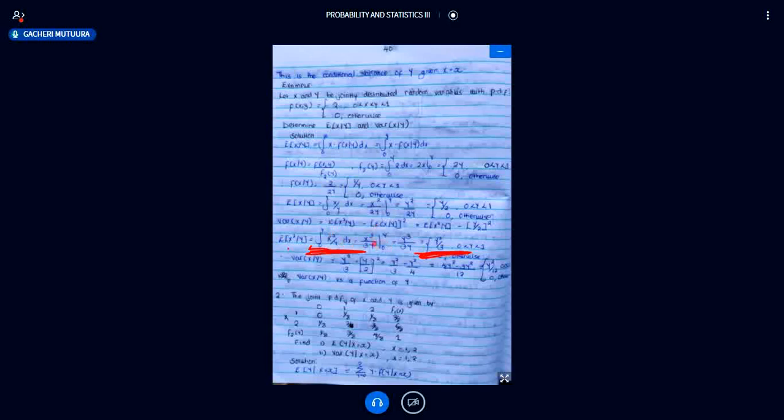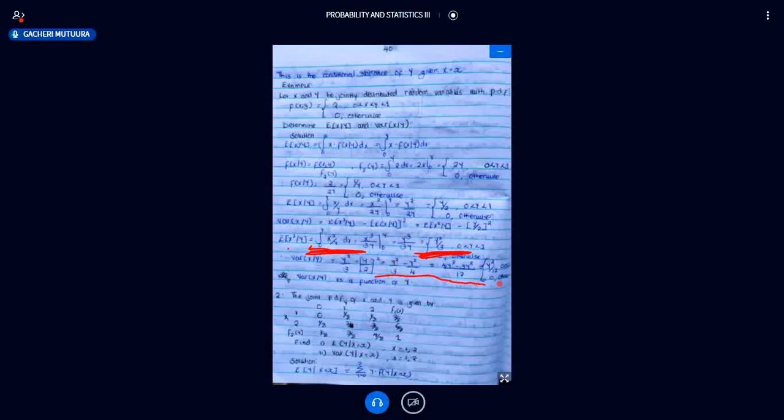That is just by integrating x squared over y with respect to x. You get x cubed over 3y. So when x is y, you have y cubed over 3y. So that becomes y squared over 3. When x is 0, again that is undefined. And then, since you had already obtained the expected value of x given y is y over 2, you're taking y squared over 3 minus y over 2 squared.